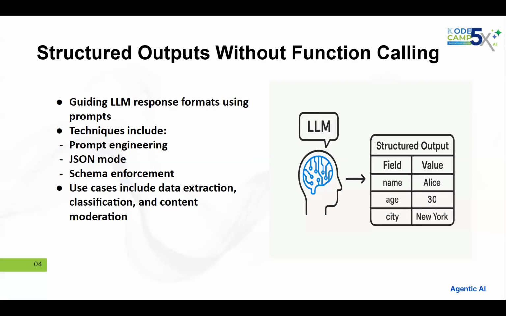One way to look at it is we talked about output parsers when we were talking about chains. So an output parser really serves, its job is schema enforcement, to enforce the output schema of the chain in which you integrate it. The use cases for these structured outputs include data extraction, content moderation, and classification.